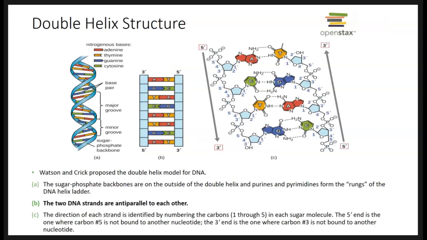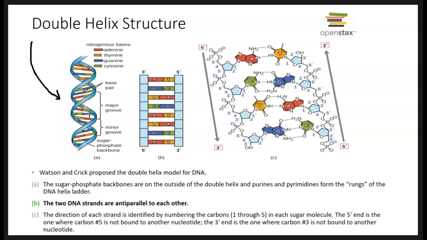We represent the structure of DNA in a number of different forms, just like we represent the structure of all complex organic molecules. So we have this cartoon version of DNA over here on the left, where we see the double helix wrapping around each other.